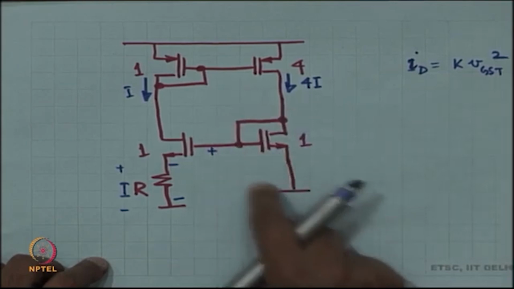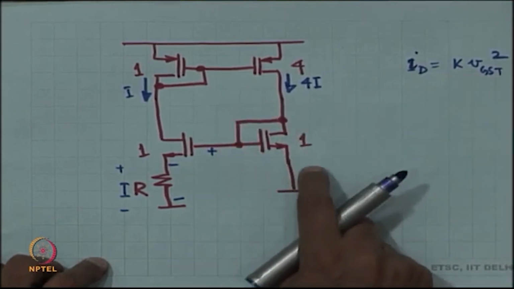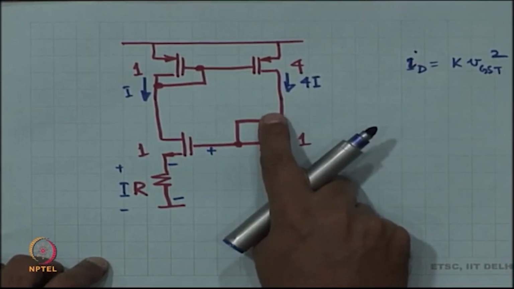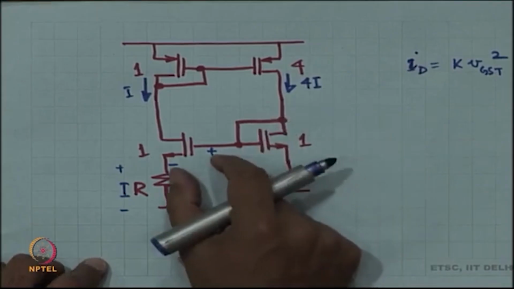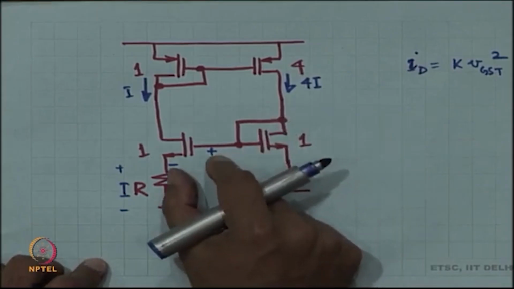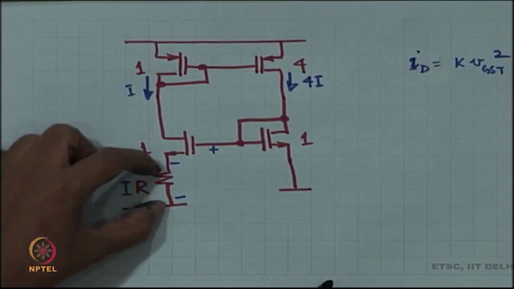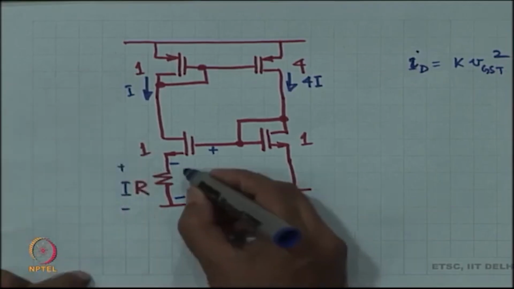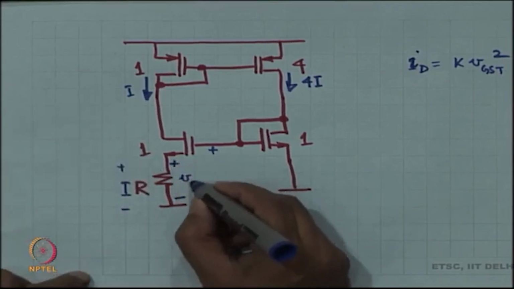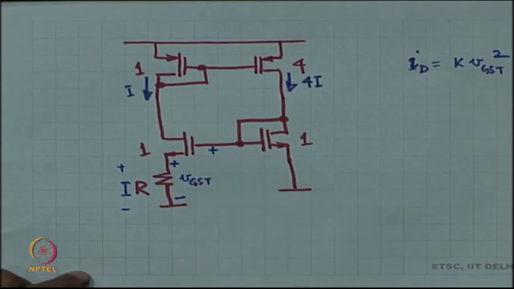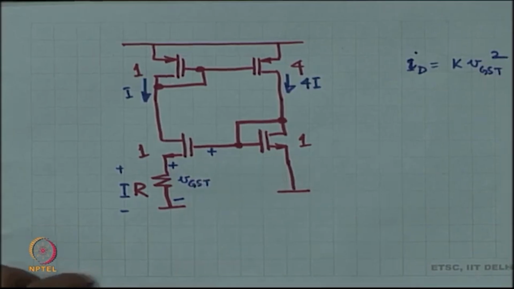So, the requisite VGS is 2 times the VGST plus VT, and here I have got only VGST plus VT, which means that the remaining VGST is over here. So, this is just a VGST for I.